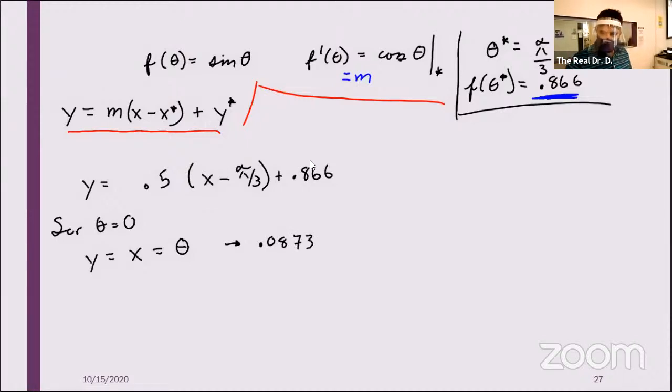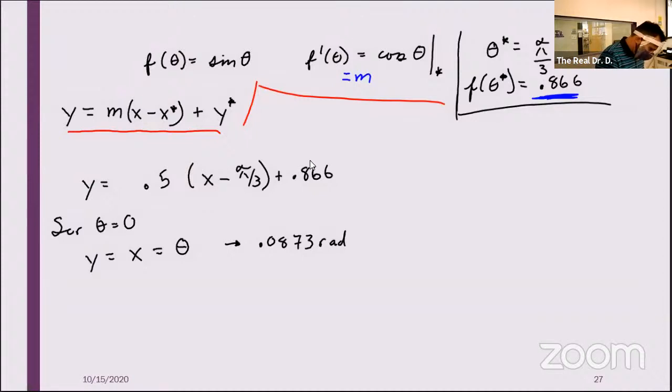We'll call it 0.0873 radians. So we're saying at 5 degrees, we're at 0.0873 radians. What is the actual sine value?